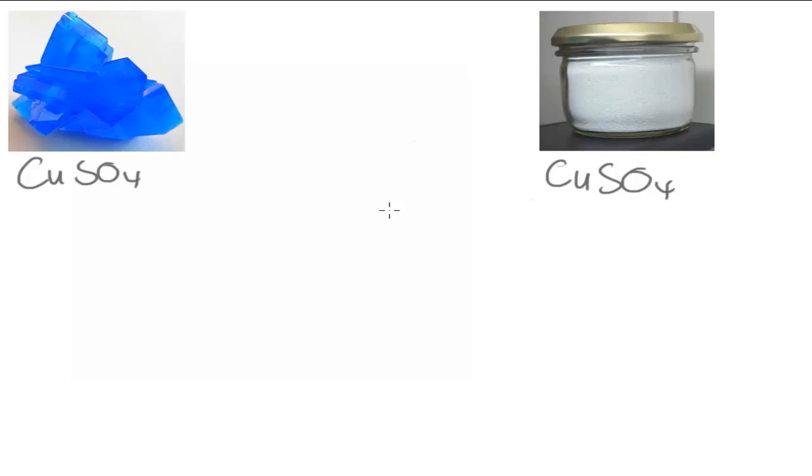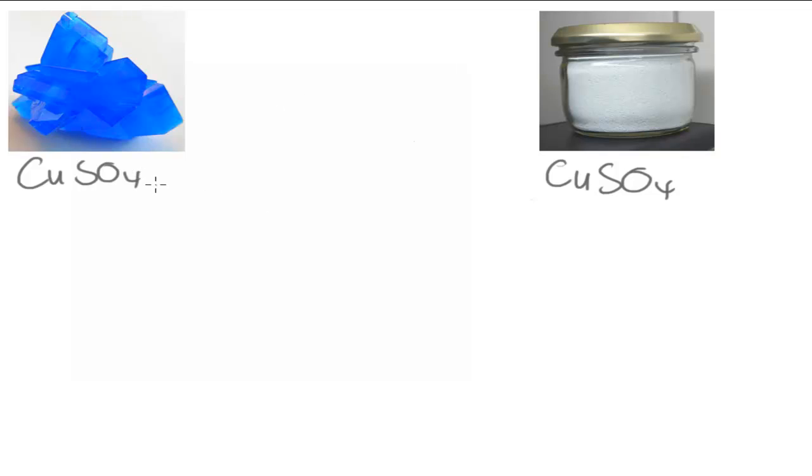Except this version is slightly different to this version, as you can see. Now, what's different? This version of copper sulfate has water incorporated into the structure of it. But the water incorporated into the structure isn't actually bonded to the ions. It's not bonded to the ions.